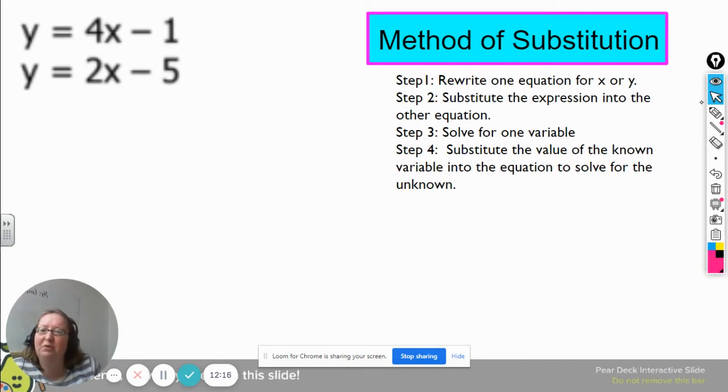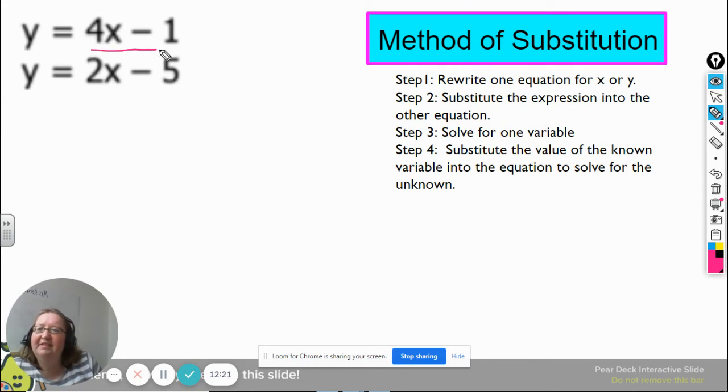If this is equal to y, and this is equal to y, then they are equal to each other. Think about this for a second.